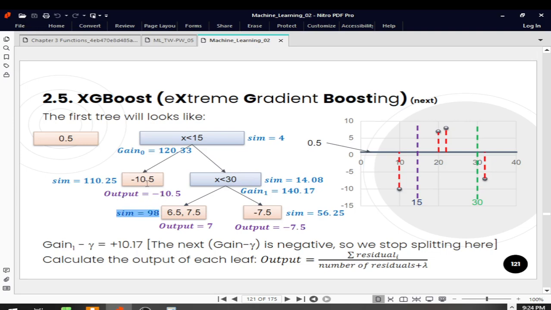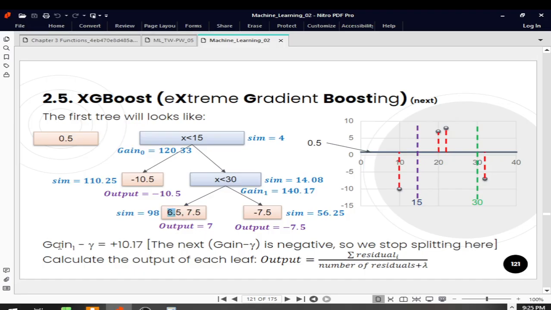This is minus 0.5, it's one single element, so it is the output. Here we stop, and this is worth mentioning. We are supposed to come here and make a new split. So we have two possibilities: we leave it as it is or we split it.